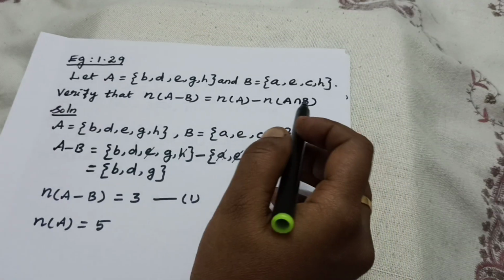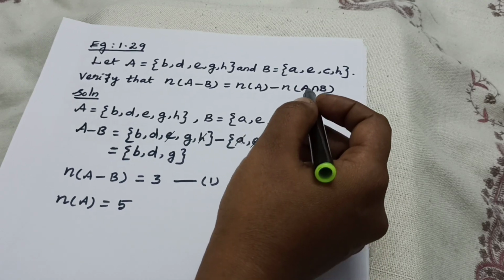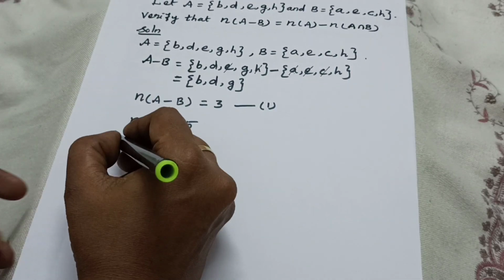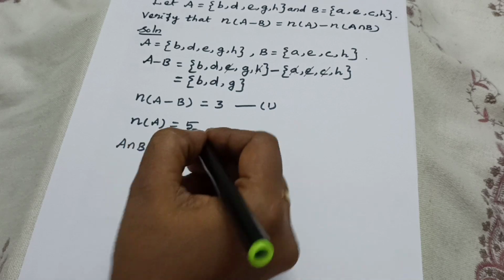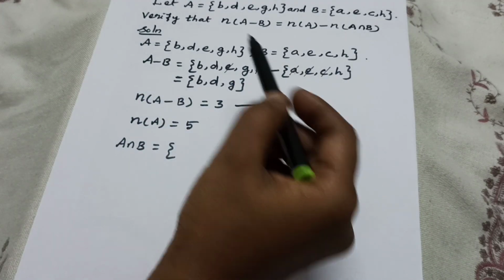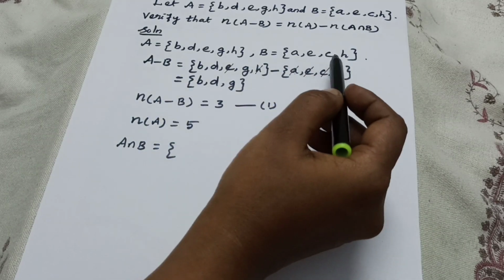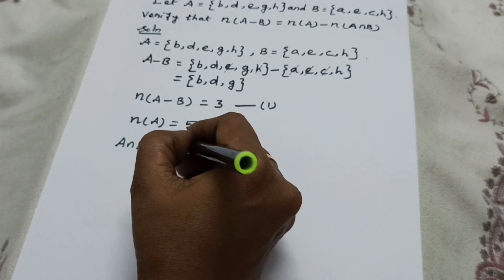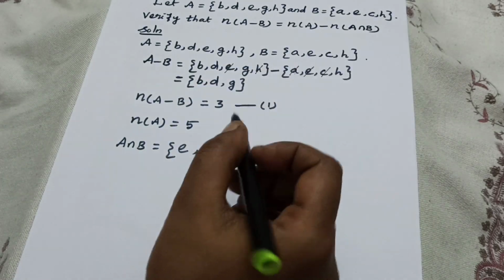Okay. Then here n of A intersection B. A intersection B means first we have to find A intersection B. A intersection B is equal to, say, A and B, which is common element. Which is common? B is not common. D also not here. Then E is common, isn't it? Then G is not in here.